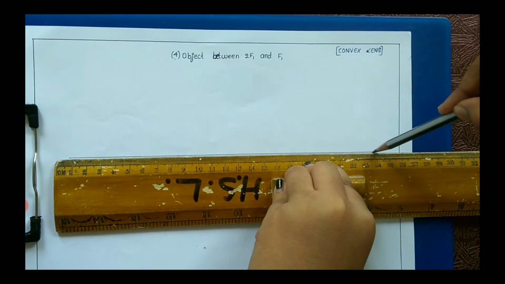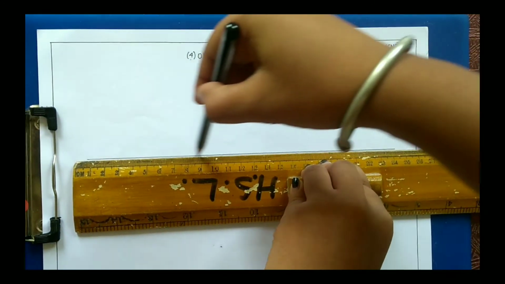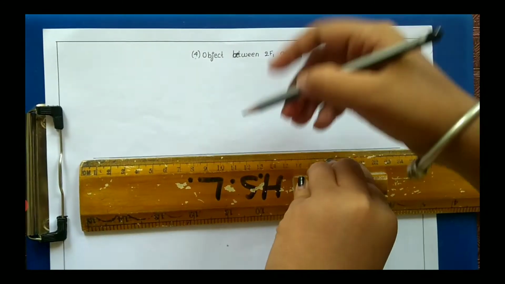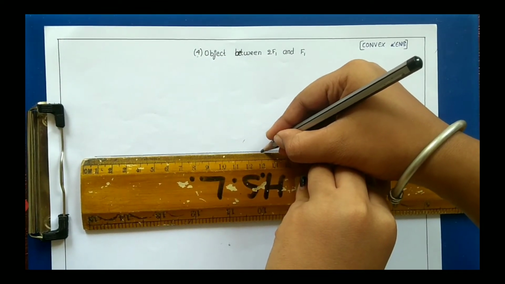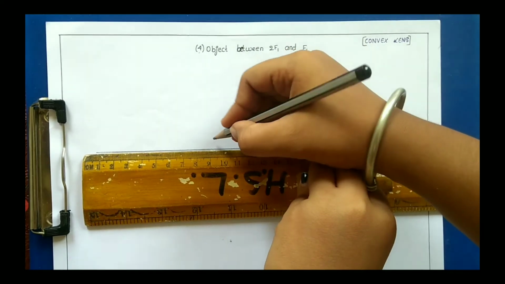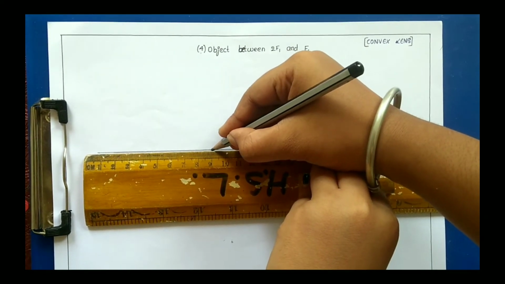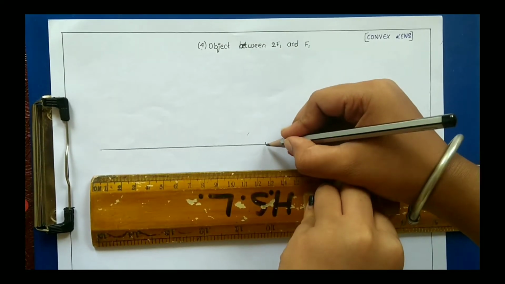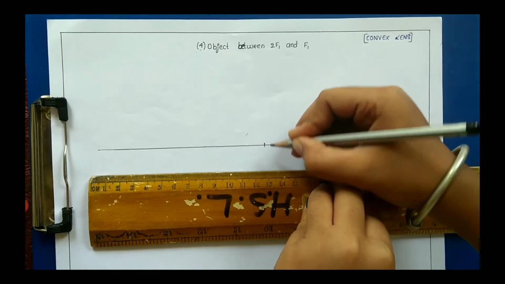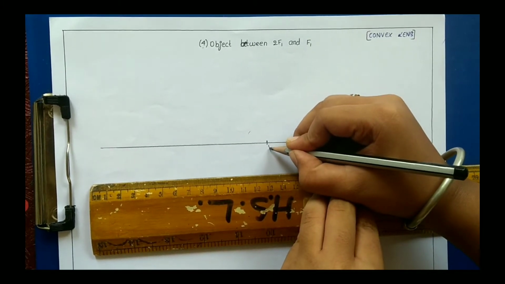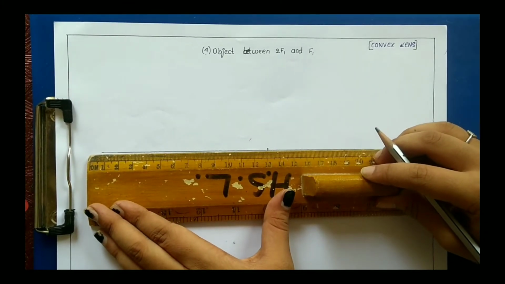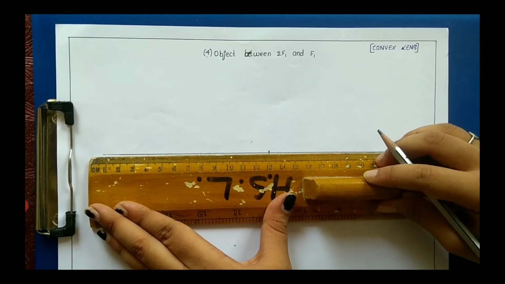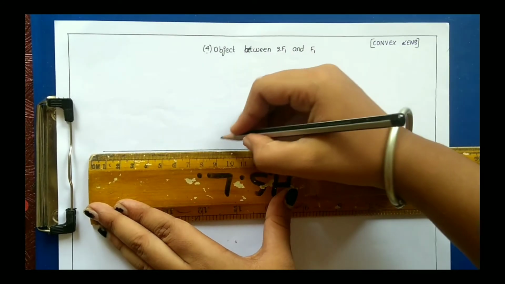Children, as usual, draw a line to represent the principal axis, and now you mark a point approximately in the middle of the principal axis to represent the optic center. It is the optic center. On both sides of the optic center mark the points F1 and 2F1, F2 and 2F2.